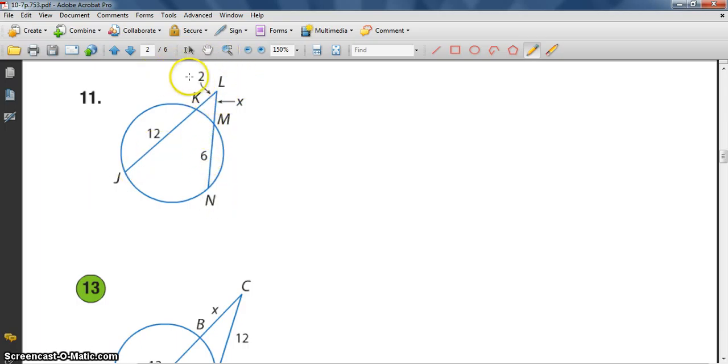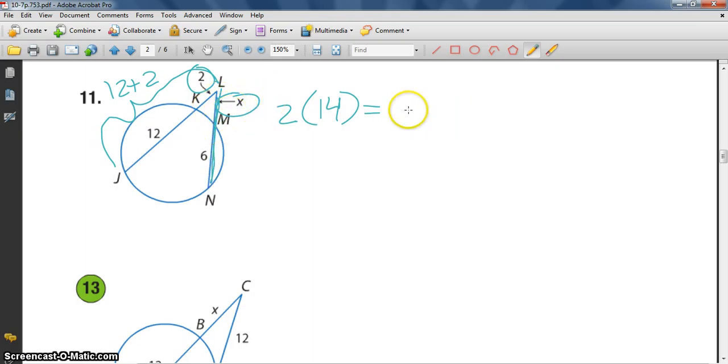The theorem states that the outer part of this secant times the entire length of the secant, remember that we have to take 12 plus 2 there to get the entire length, will be equal to the outer part of this secant, so the part on the outside of the circle, times the entire length of this secant. So for this secant, its entire length would be 6 plus x, or x plus 6.